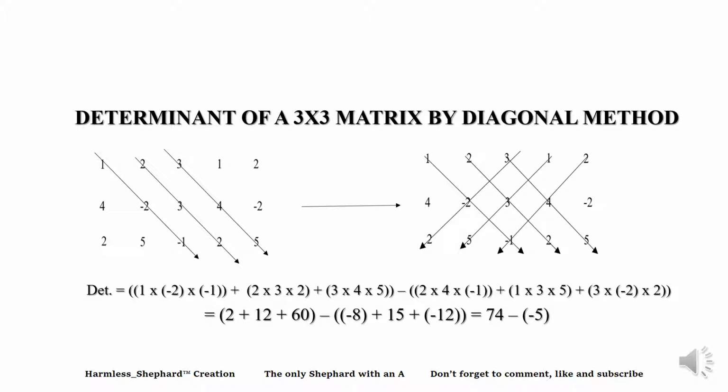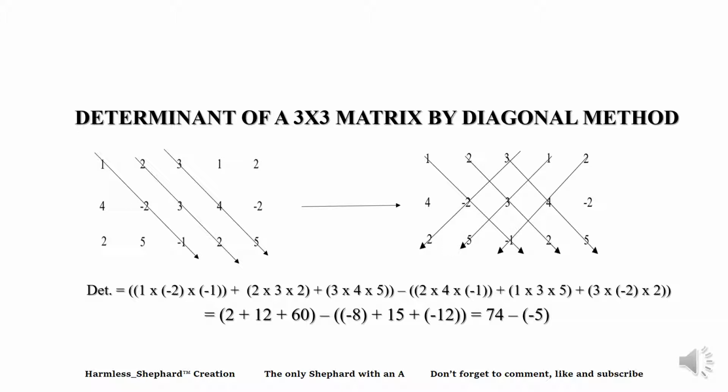So 2 plus 12 plus 60 will give us 74, and negative 8 plus 15 minus 12 will give us minus 5. That's negative 5. Now the minus will nullify the negative 5.